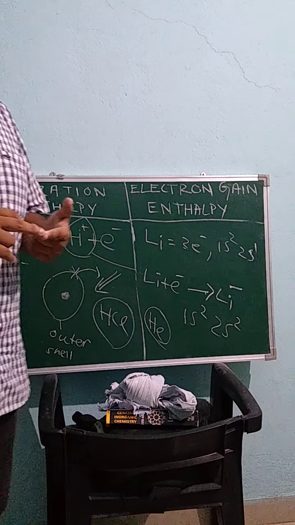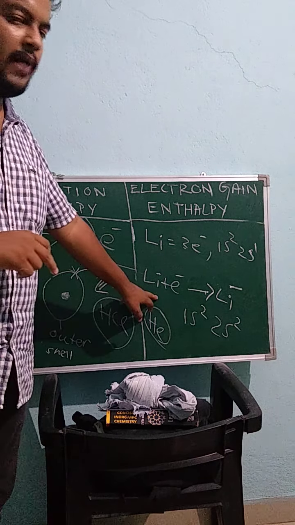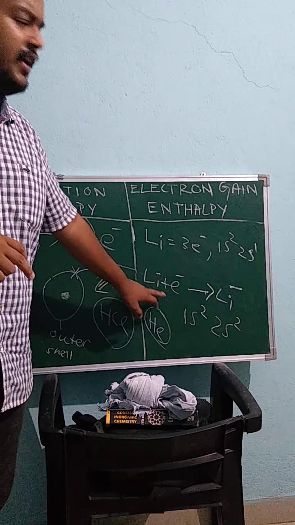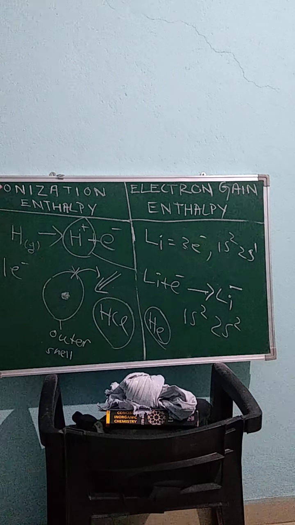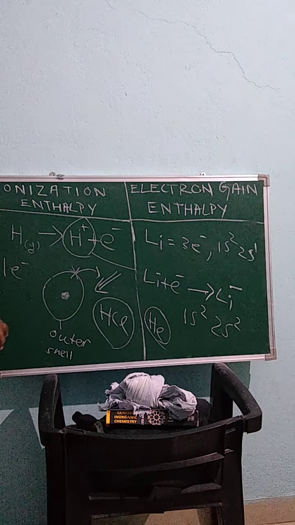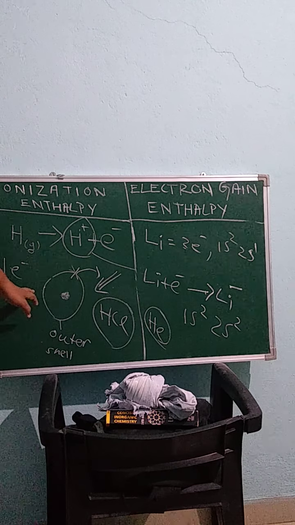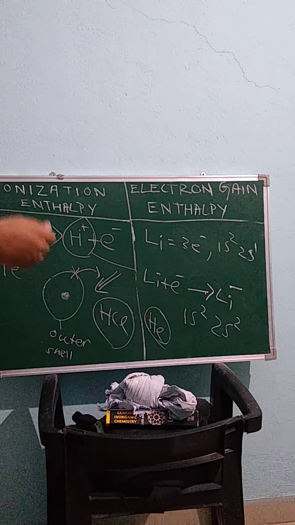Chlorine atom is an example of exothermic reaction and lithium is an example of endothermic reaction in case of electron gain enthalpy. But in case of ionization enthalpy, there will always be an endothermic reaction, means we have to give energy if we want to remove 1 electron.